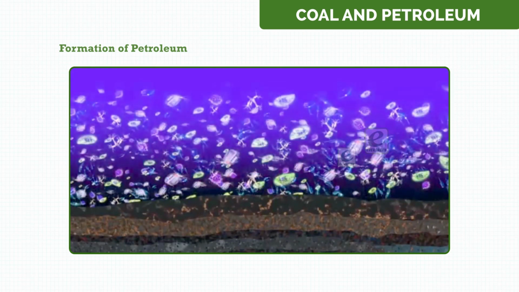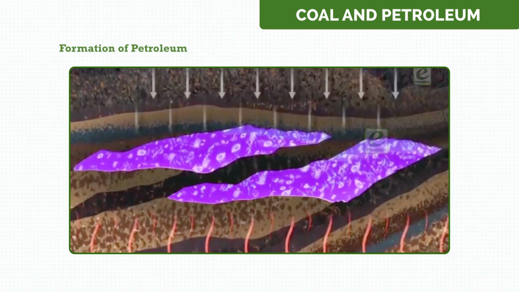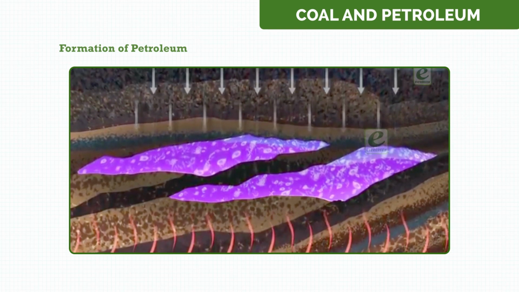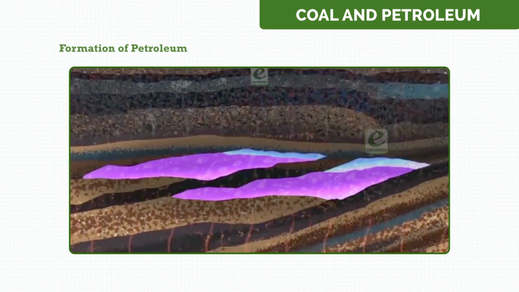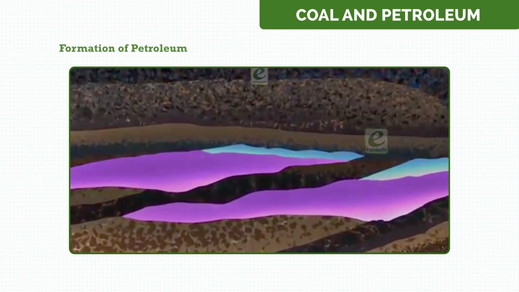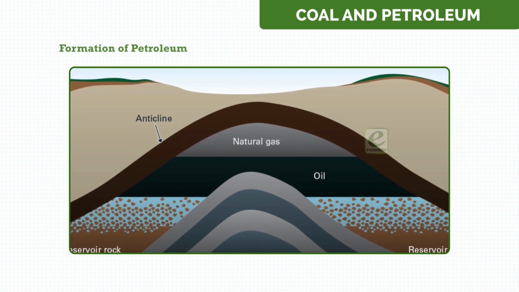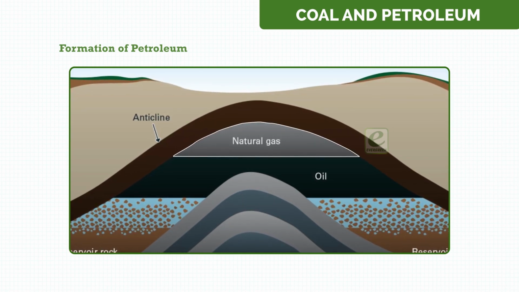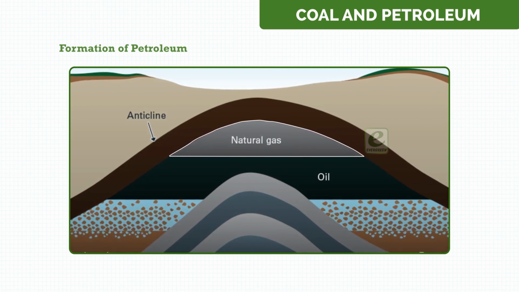Due to the chemical effect of heat, pressure, and a catalytic action caused by bacteria, these remains decomposed to form petroleum. This petroleum got trapped between the layers of non-porous, impervious rocks. During this formation of petroleum, gas got accumulated above the surface of petroleum oil, which is known as natural gas.